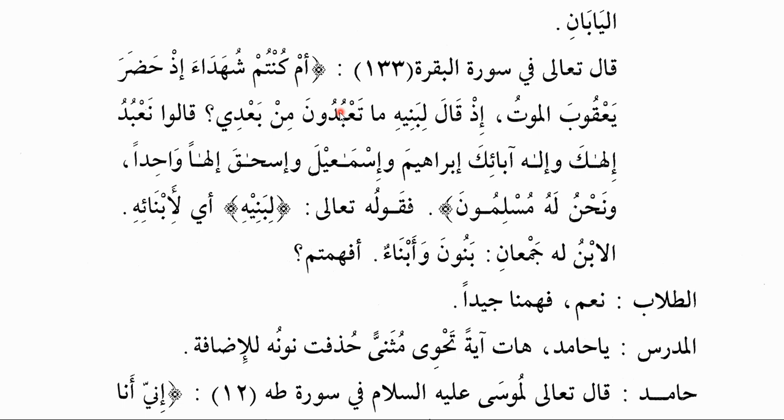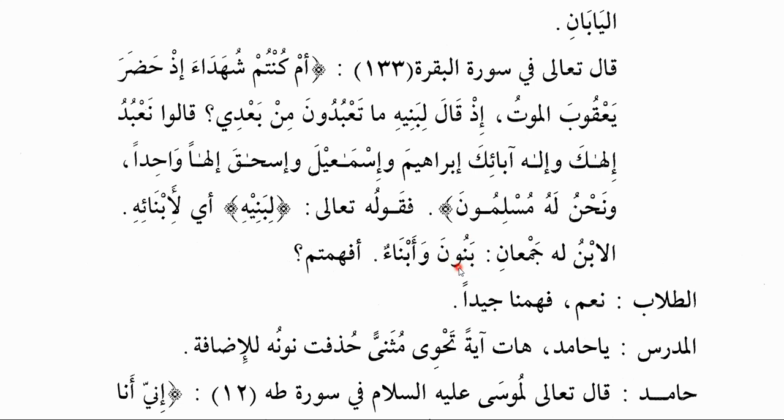So what does banih mean here? Li abnaihi means for his sons, and ibnu lahu jam'an means all the people, referring to us also. Banun wa abna'un. So ibn has two plurals, banun, and this is jama muzakkar salim mulhaqun.